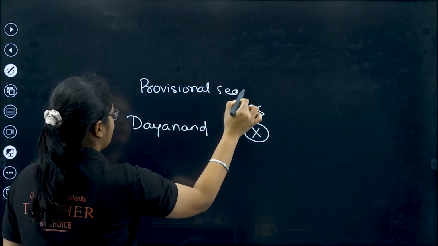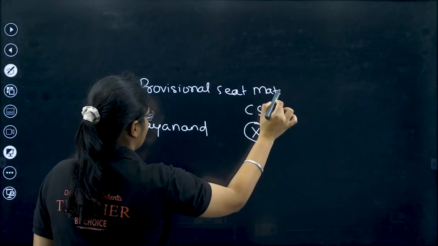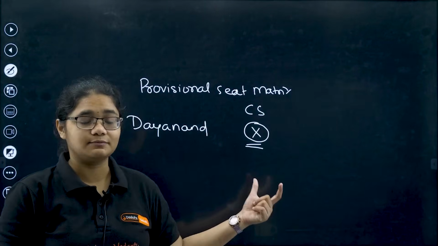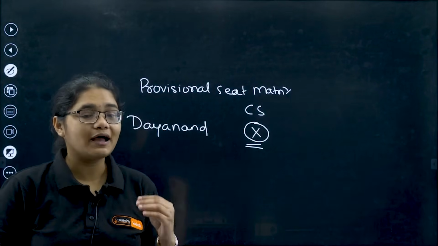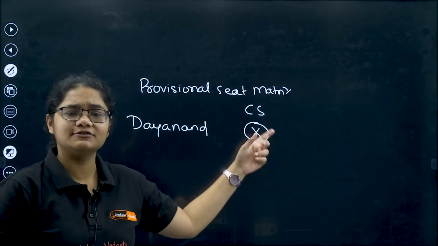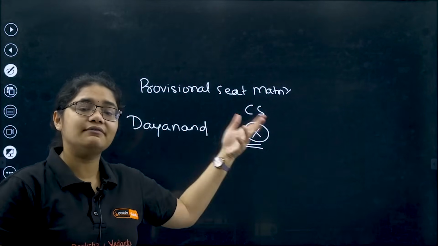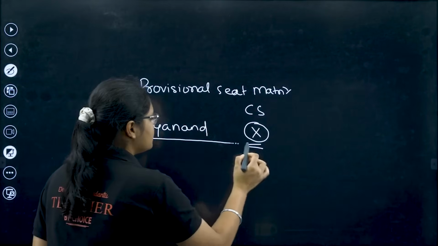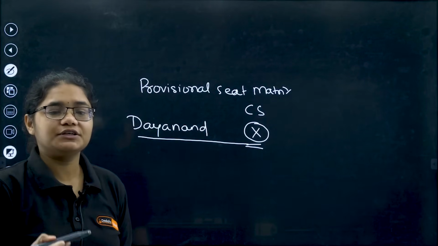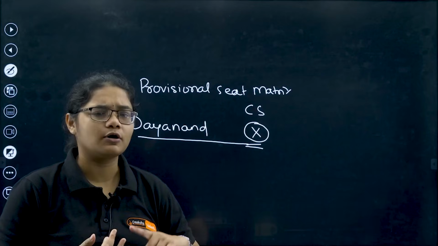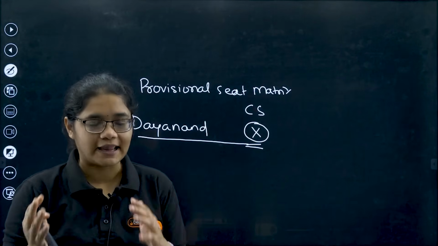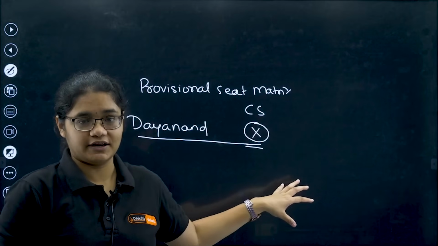But you were interested in this particular Dayanand Sagar College computer science branch, and you observed that in the seat matrix there is no seat for computer science and you deleted this option. Now, for example, the student who was allotted this seat might not report to the college, or might think that I don't want this seat and return that seat to the KEA. Then again this seat will be available.